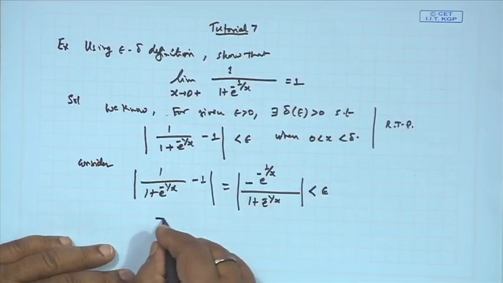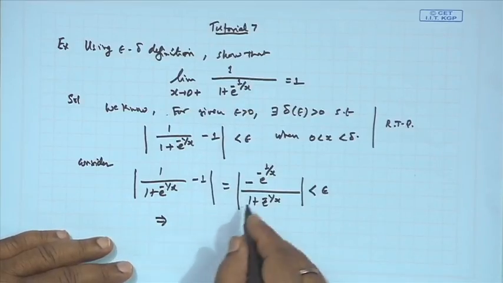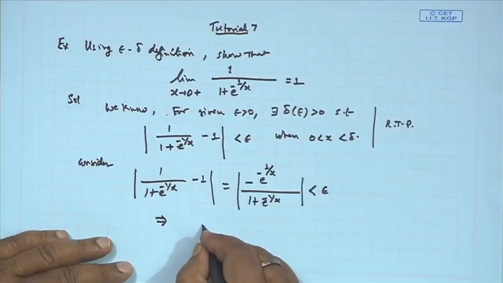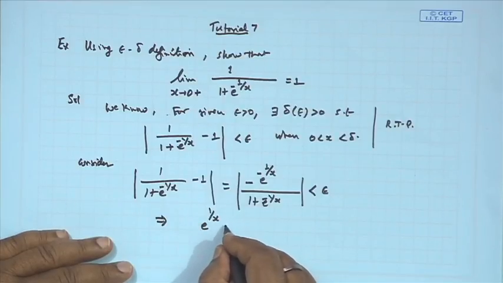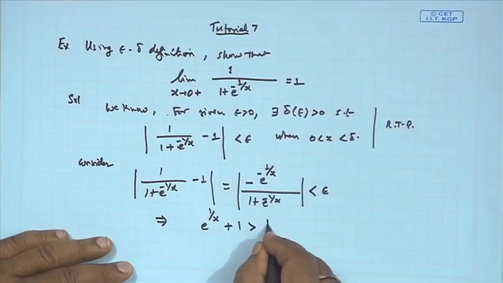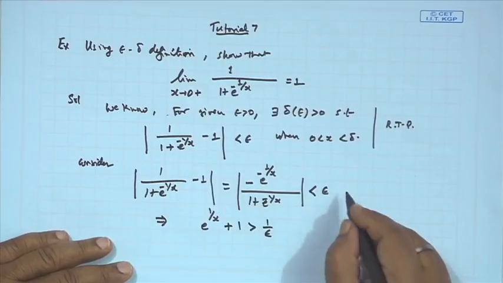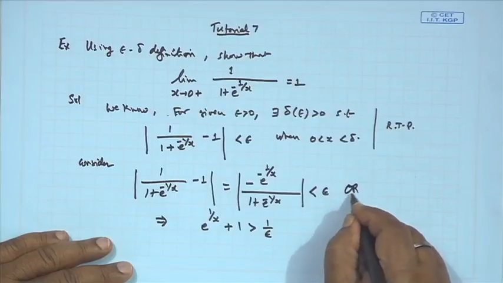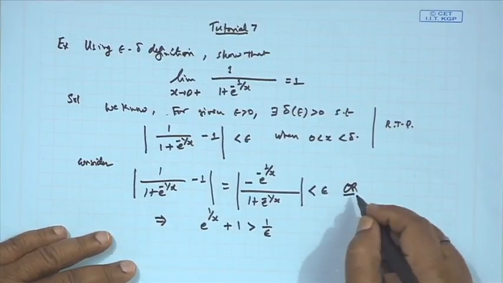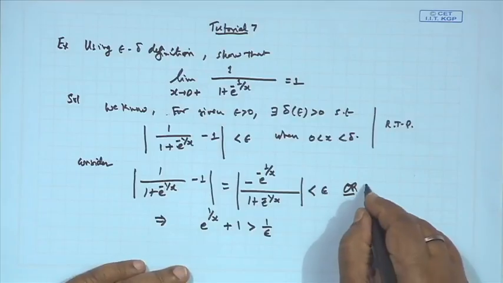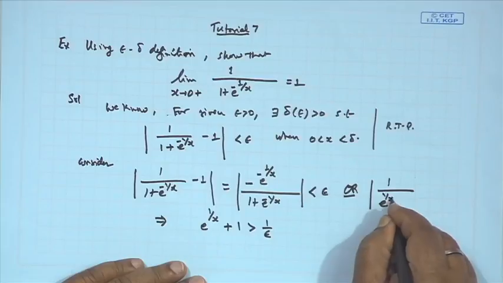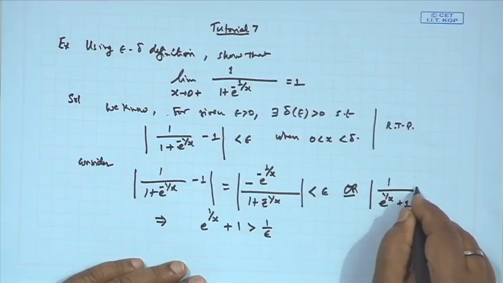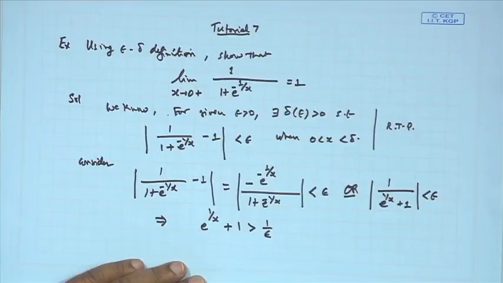If we simplify, we get e to the power 1 by x plus 1 is greater than 1 by epsilon, because if I divide by e to the power 1 by x, then 1 over e to the power 1 by x plus 1 is less than epsilon.